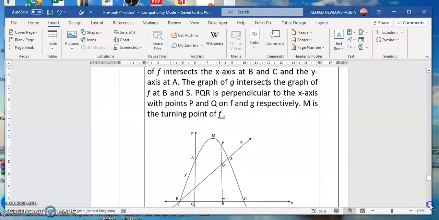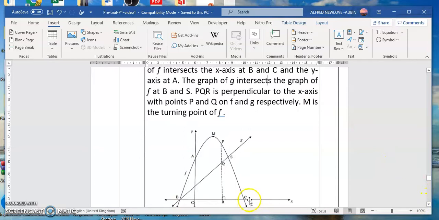Where is C? Here. It touches the x-axis at C. And the y-axis at what?